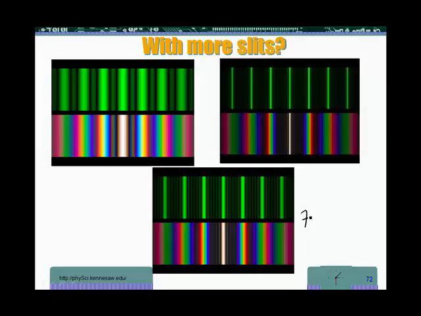And then this one here is a little more, and you notice their brightnesses are not the same. I don't remember how many slits we have here. But the more slits we have, the thinner the principal maxima are, and we have less prominent secondary maxima.